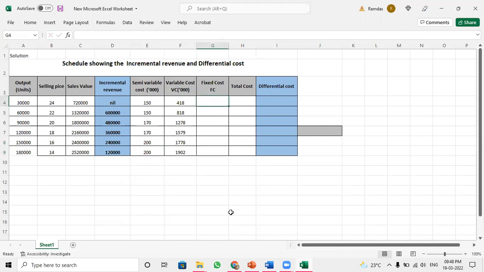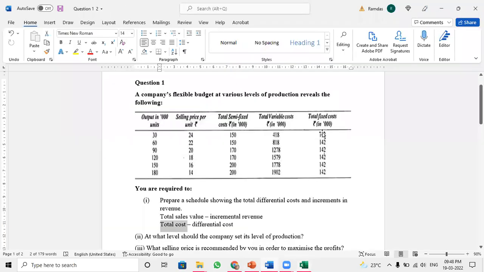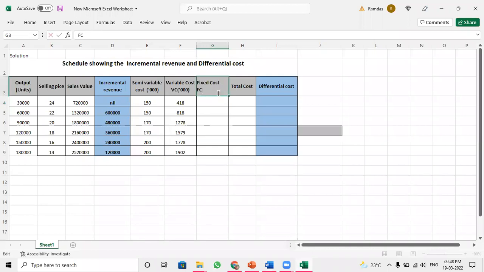And the fixed cost is also given in thousands, and it is 142,000 across the levels of activity.